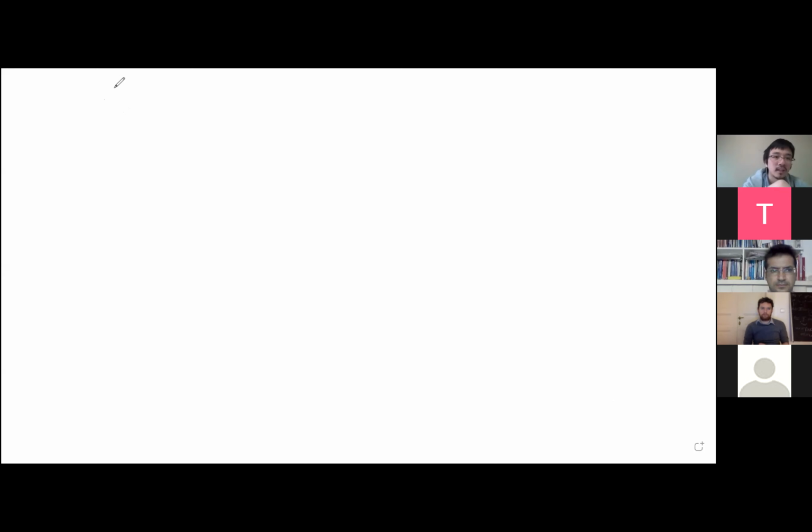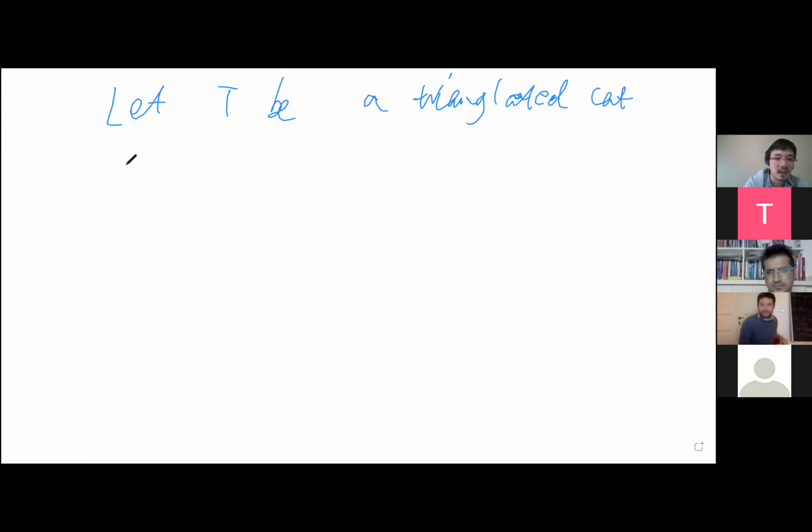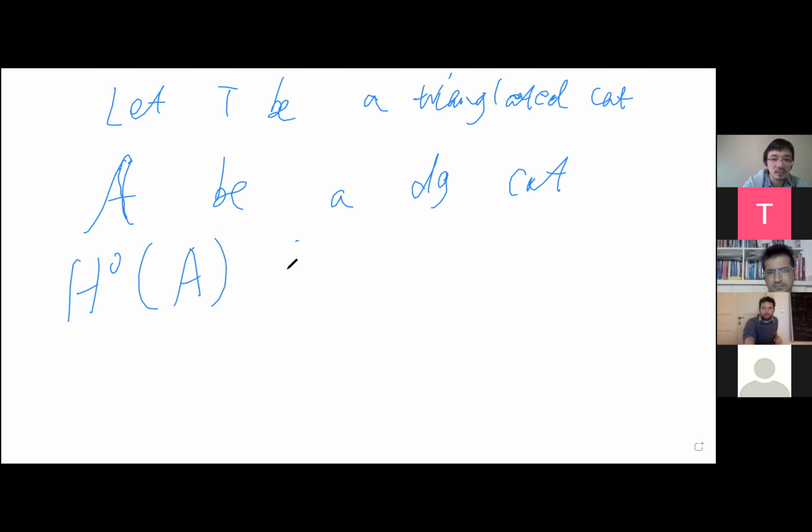So let T be a triangulated category. I think you know what is a triangulated category. And A be a DG category. So first we can define H0A as an ordinary category.